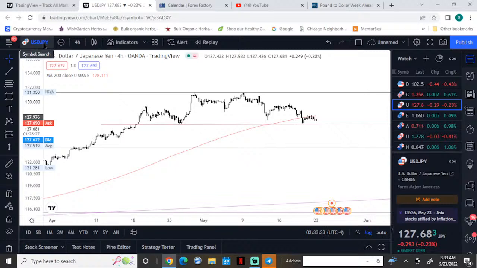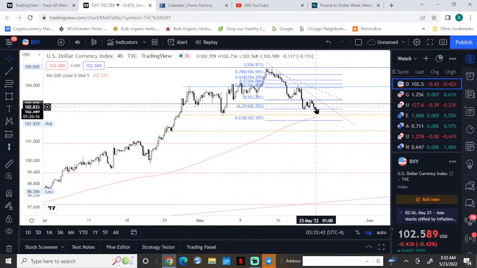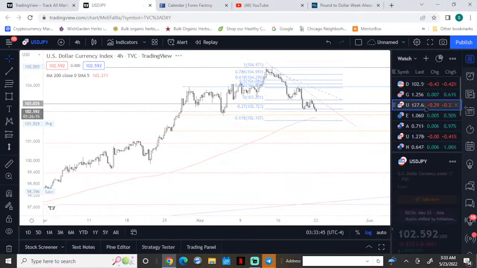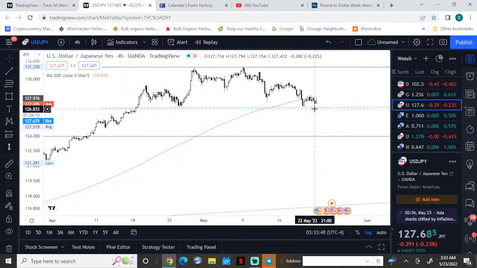But with my base pair being the dollar and quote pair being the JPY, we already established that this dollar is coming down a little bit more. So I want this to fall. I'm not sure if it's gonna fall here.